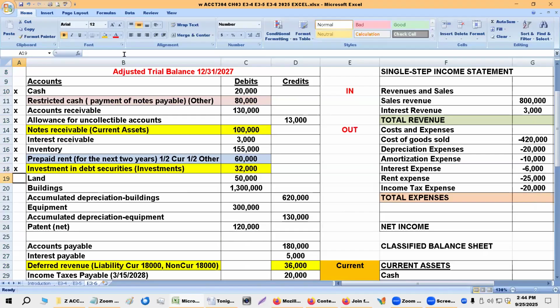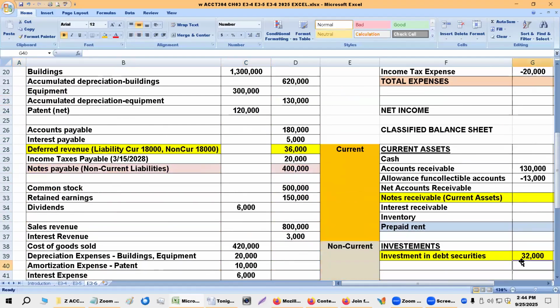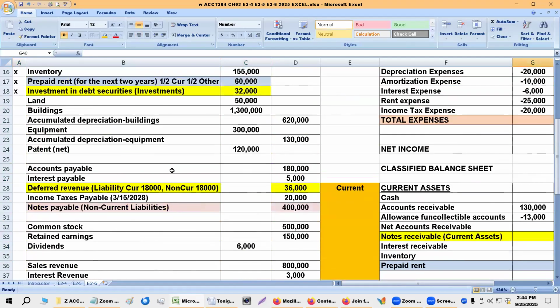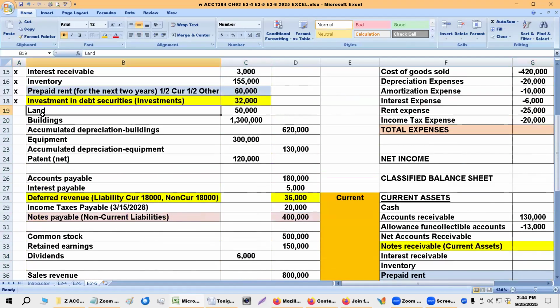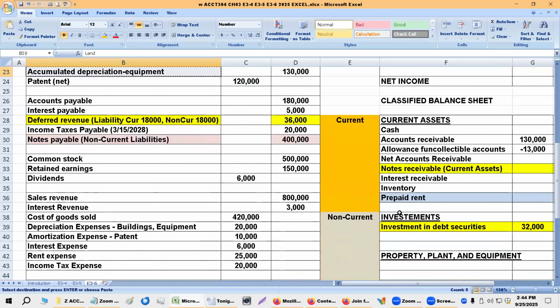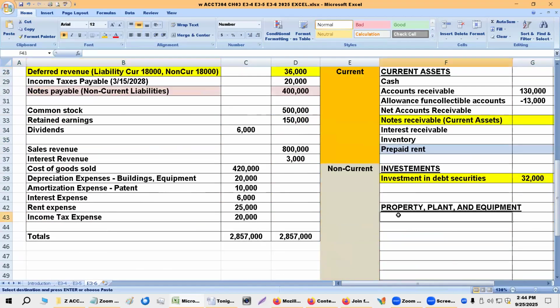Okay, so we're done. Right, so let's go ahead and go to property, plant, and equipment. So property, plant, and equipment: land, buildings, equipment.